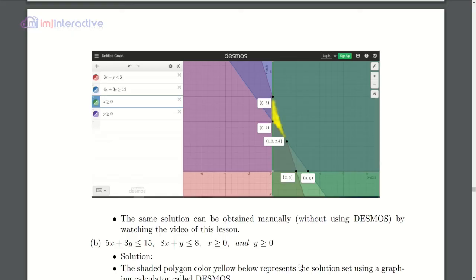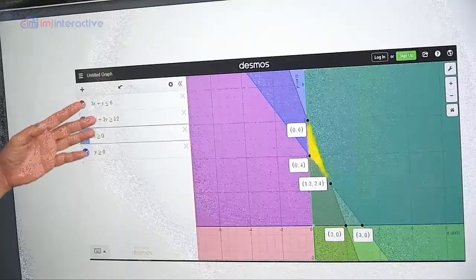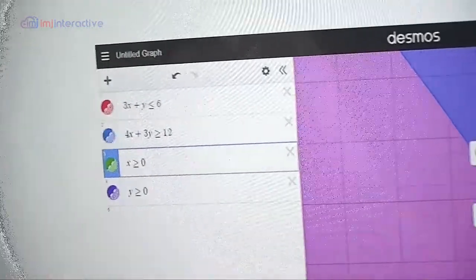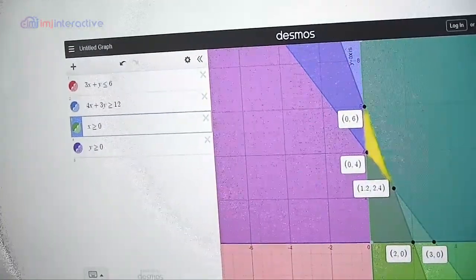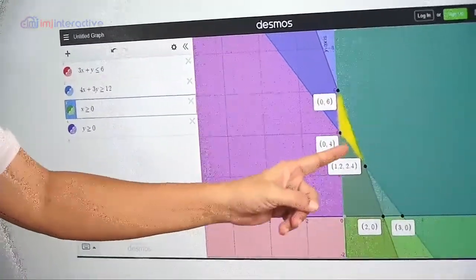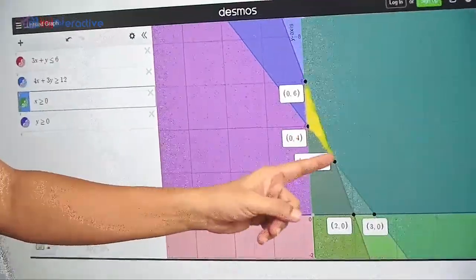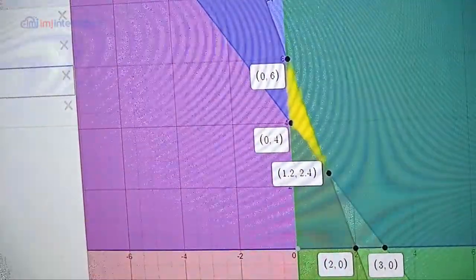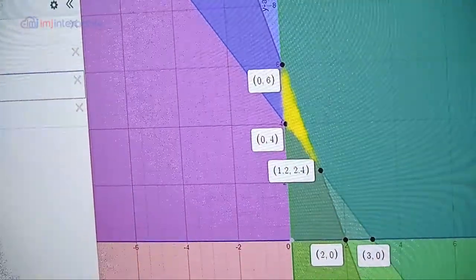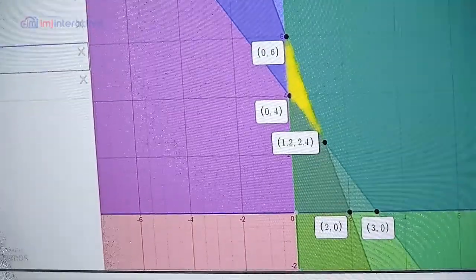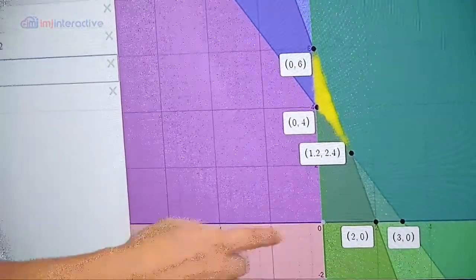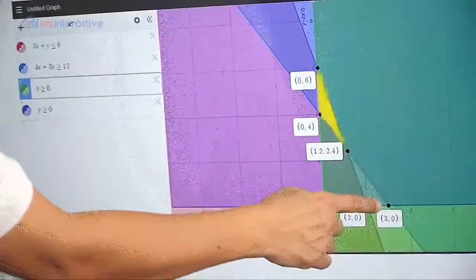So here you have your inequalities. You type your inequalities here, and you have the graph on the side. Now, this yellow shaded portion here, in the form of a triangle, represents the area of feasible solution. But the question is, how do we get these points, and how do we graph each of these inequalities?